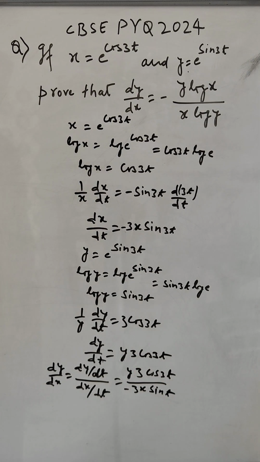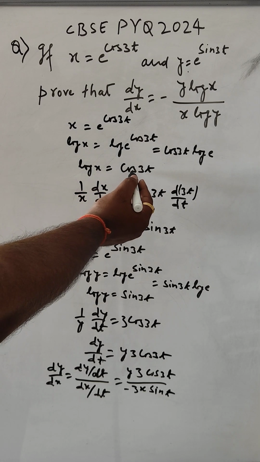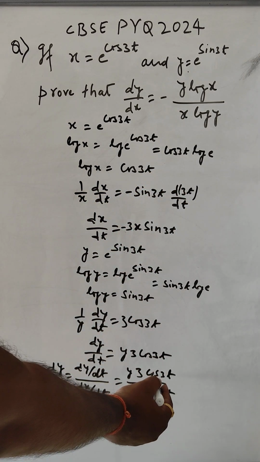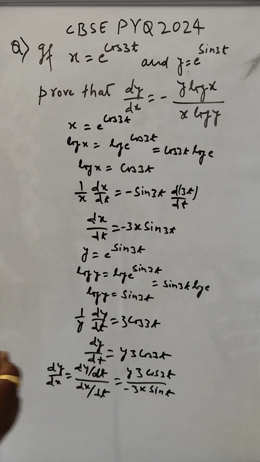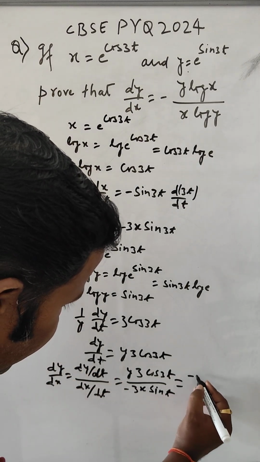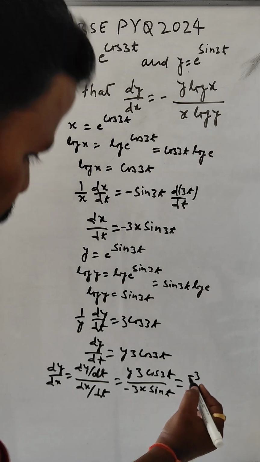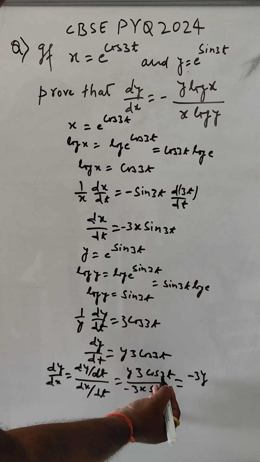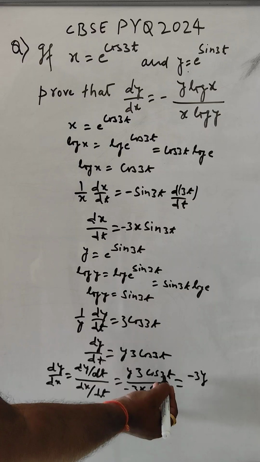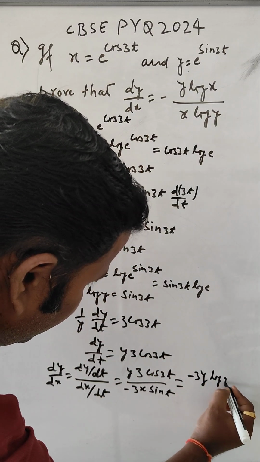What do we have to bring out? See here, log x is equal to cos 3t, so in place of cos 3t we can write log x. So here we can write minus 3y, and in place of cos 3t, log x.